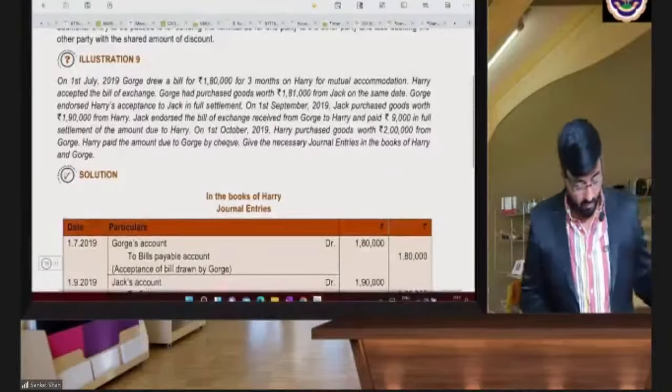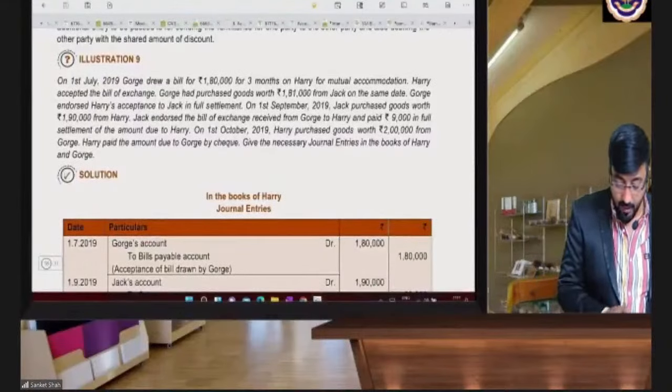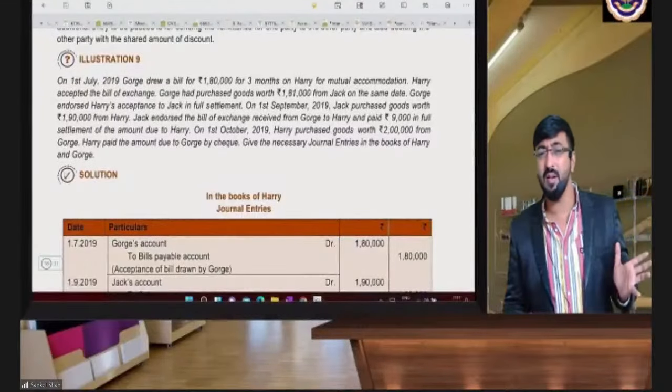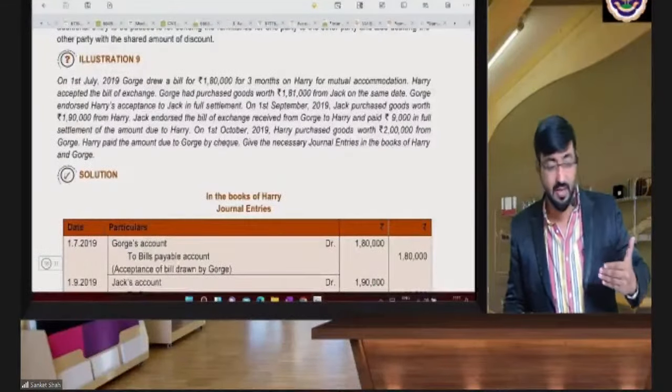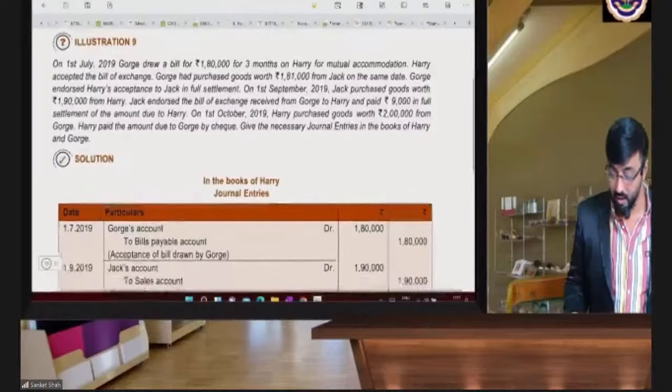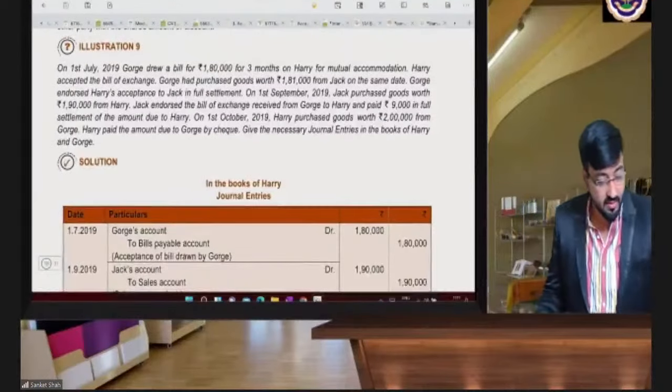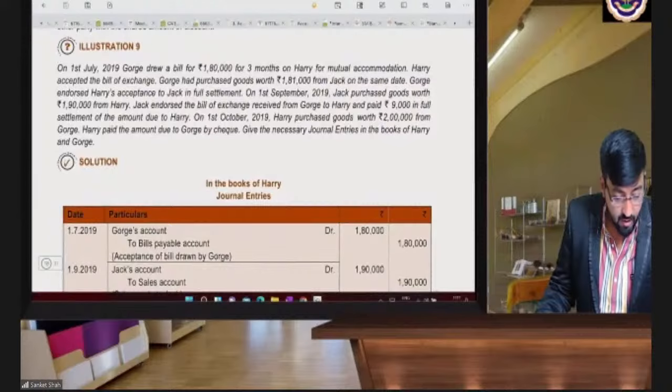Okay. Yes, ready for this difficult part? Not very difficult, but once you understand the sequence, it is not at all difficult. Okay. Chalo. So illustration number 9. Let's start.